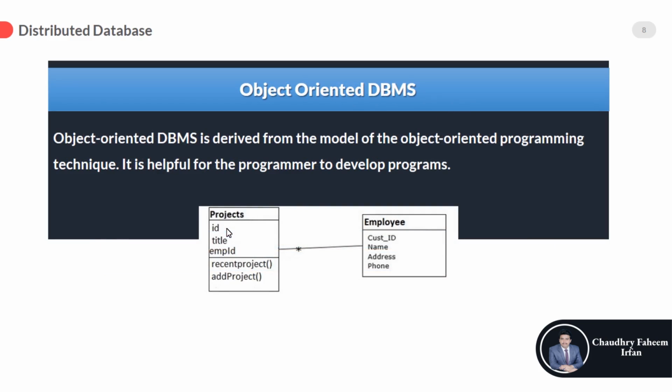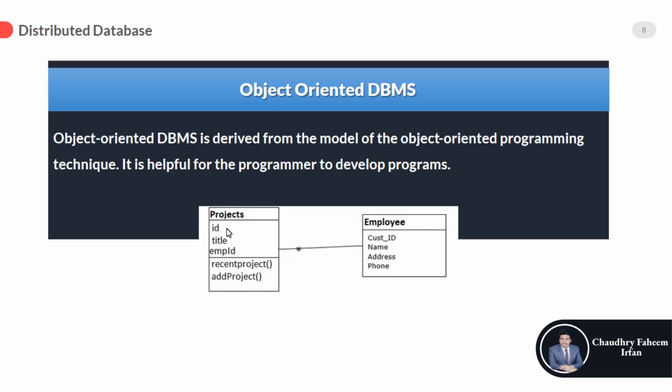And the next one is object-oriented DBMS. Object-oriented DBMS is derived from the model of the object-oriented programming technique. It is helpful for the programmer to develop programs in OOP, object-oriented programming.